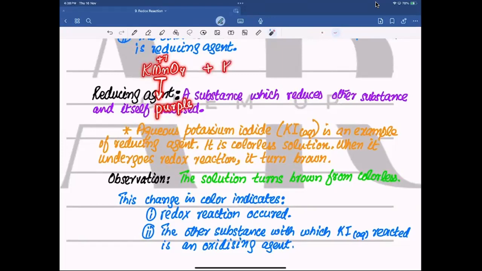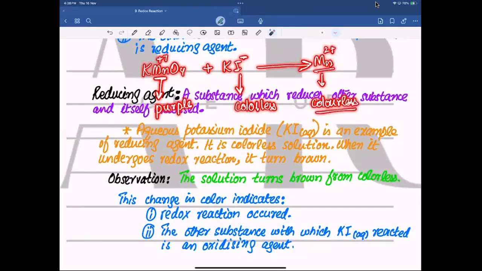In potassium iodide, we have the iodide ion, which is colorless. When these two mix, Mn+7 turns into Mn+2, and that Mn+2 is colorless. That's why in every redox reaction where potassium permanganate is reacting with a reducing agent, the color changes from purple to colorless, because KMnO4 turns to form the Mn2+ ion, and the Mn2+ ion is always colorless.